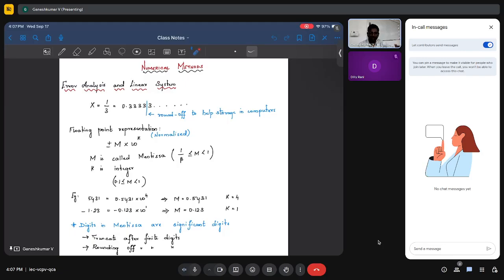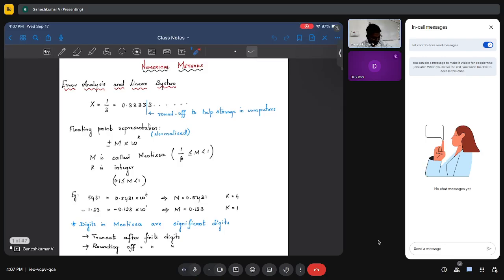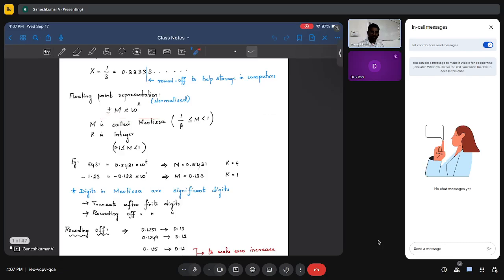So that's why we need to study errors, and for that we need to know how a computer stores a number. A computer usually stores numbers as floating point numbers. This is how the floating point representation is: plus or minus m times 10 power k, where m is called the mantissa, and k is an integer. You are basically representing it in scientific notation.